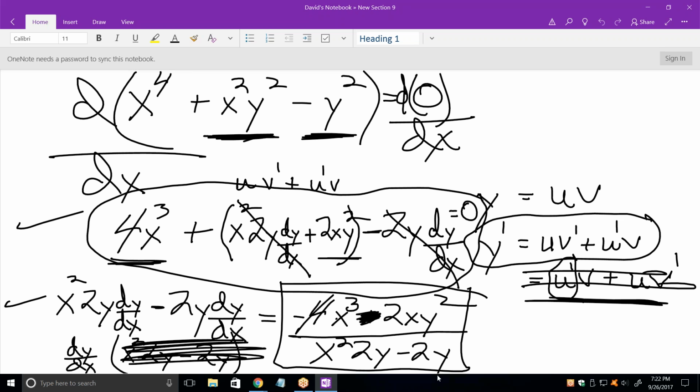If I divide the top by 2, that becomes 2, that becomes 1, that becomes 1, and that becomes 1.